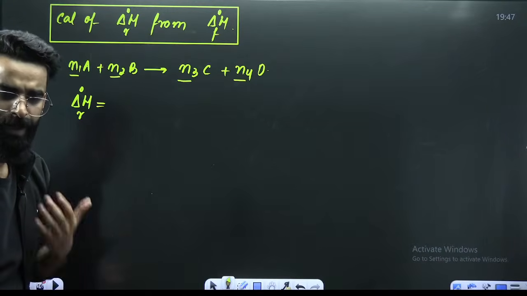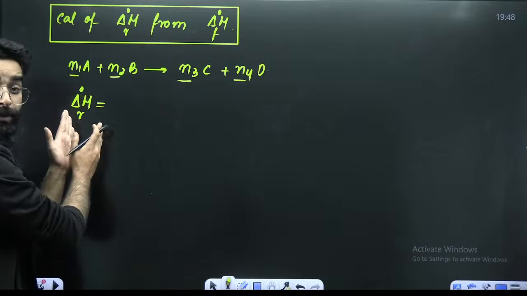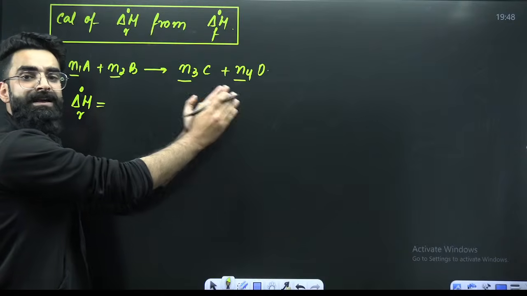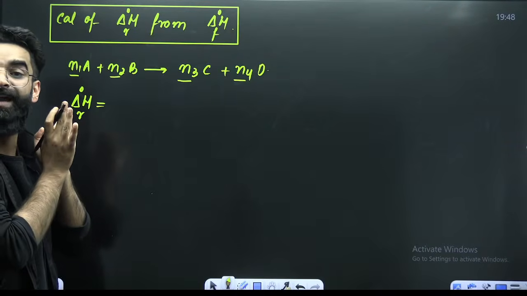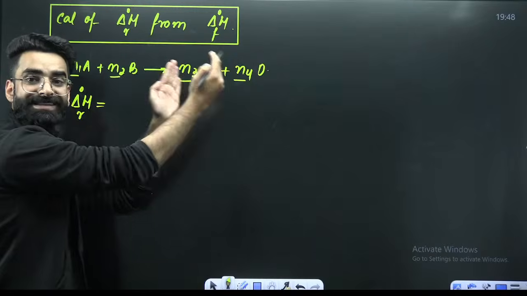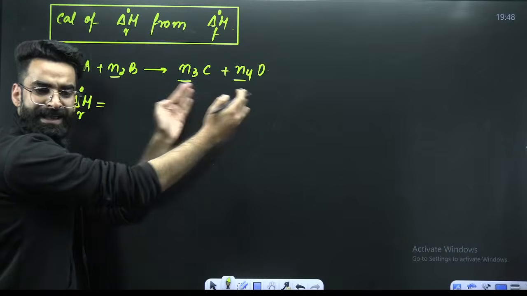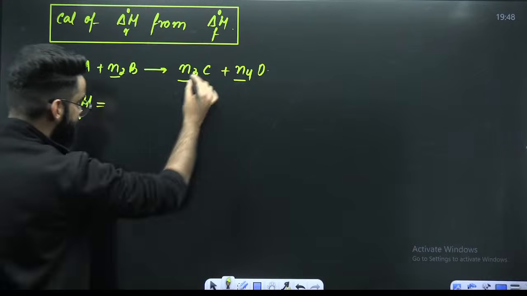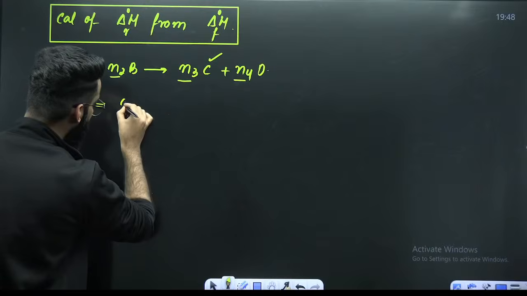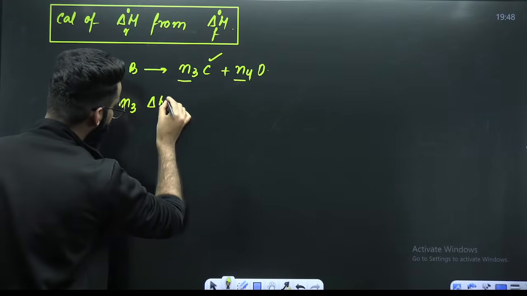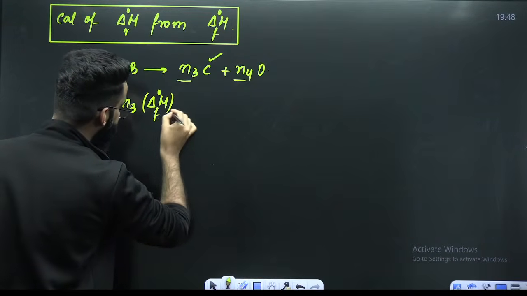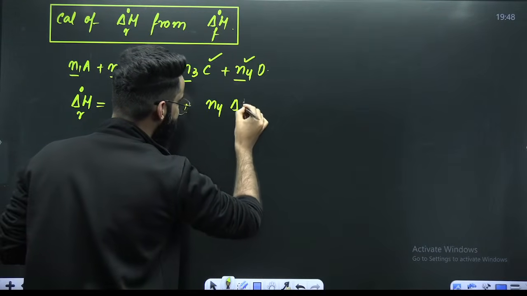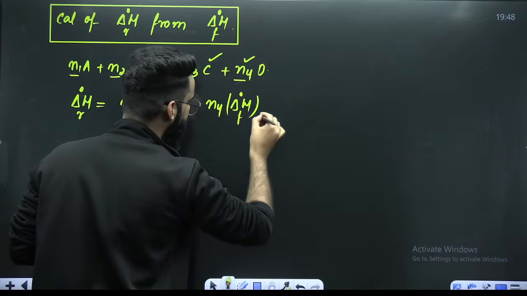How do we do it? It is always equal to the standard enthalpy of formation of products minus the standard enthalpy of formation of reactants. How do I write it? Try to understand. Start with the products. Its stoichiometric coefficient is n3 multiplied by standard enthalpy of formation of C plus stoichiometric coefficient n4 multiplied by standard enthalpy of formation of D, right?